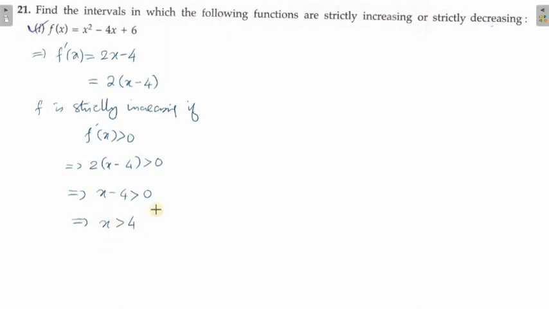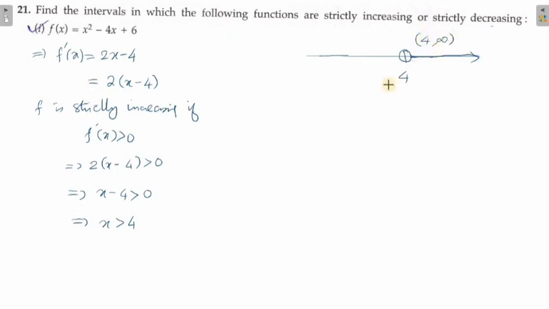Suppose I draw a real line, and 4 is somewhere out here. Greater than 4 means it starts from here. I'm excluding the point, so that's why there's a circle, and it goes this way. So can I call this interval the open interval 4 to infinity?